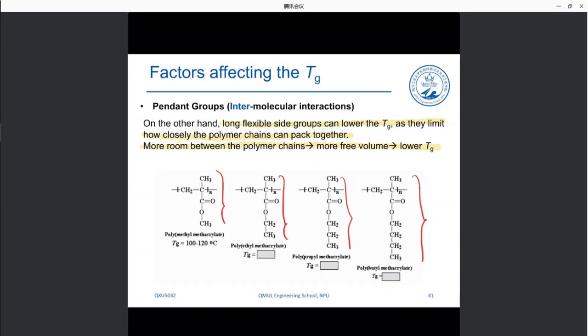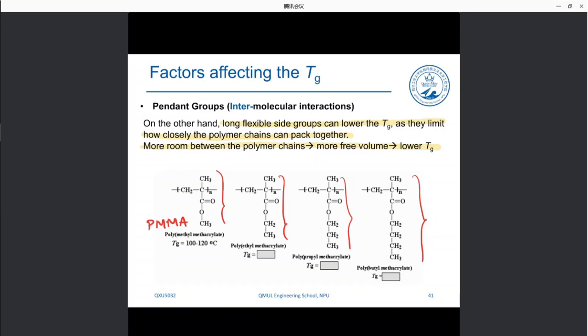So if we look for the characteristic example of polymethyl methacrylate, or PMMA, which is a thermoplastic, you can see that the normal structure of polymethyl methacrylate has a glass transition of 100 to 120.